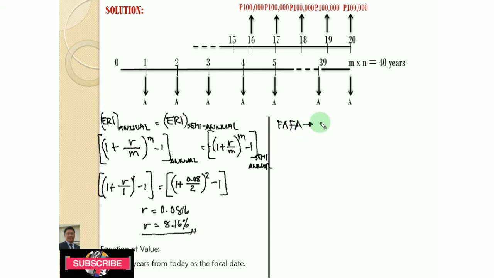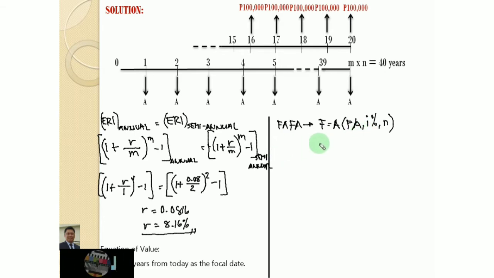This is referring to the future worth equal to this annuity, then this F given A at i% and n periods. Actually this is case number 2 from our previous lecture, and this is just a designation.